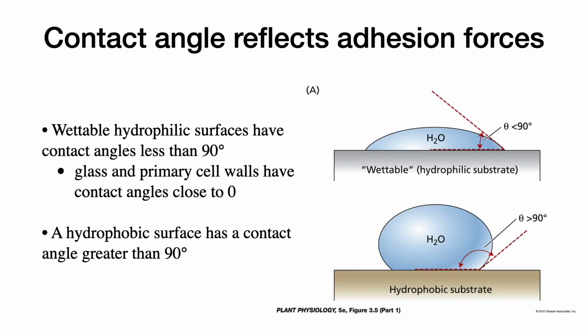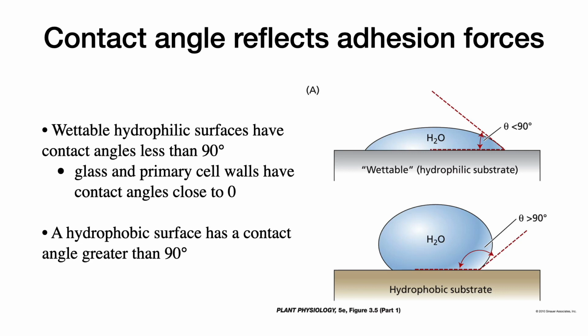When a water molecule adheres to an object, it forms a sphere that has an angle to it, as seen in this picture here. On a substance that we would call hydrophilic, that is water-loving, it will create an angle that's less than 90 degrees. The angles that form on glass or on the primary cell walls of a plant cell, those contact angles will be close to zero.